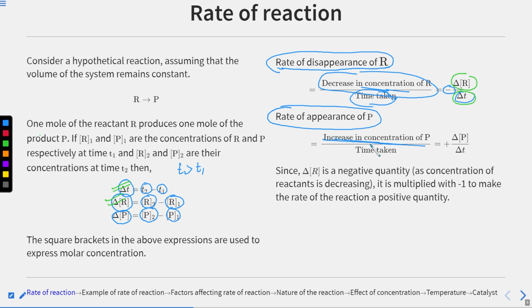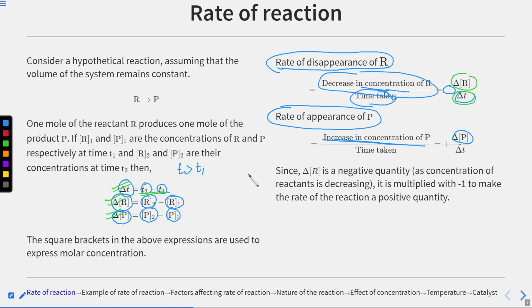So the increase in concentration of P can be written as delta P, that is P2 minus P1, and the time taken, that is T2 minus T1 again. In the same time interval T1 to T2, we have gone from reactant R1 to R2, and from product concentration P1 to P2.